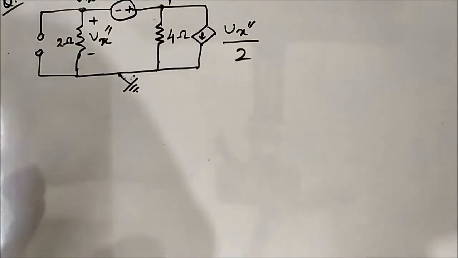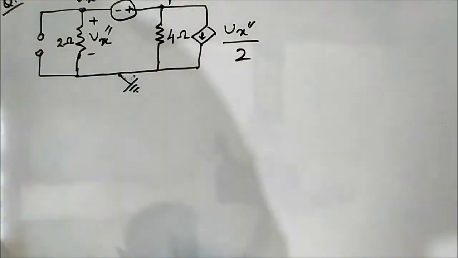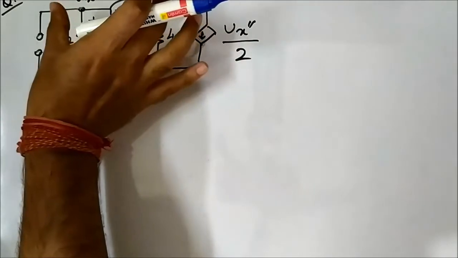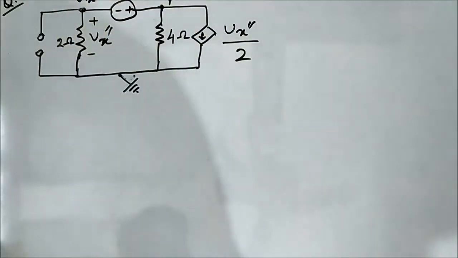Okay, so for the super node, an auxiliary equation which relates the potential between these two nodes becomes very important.